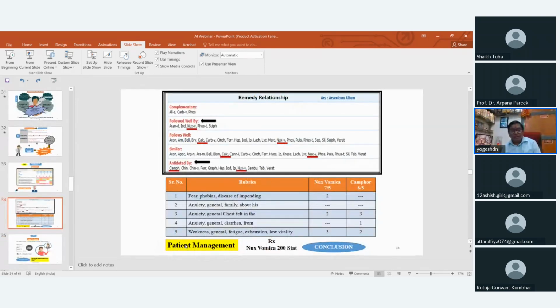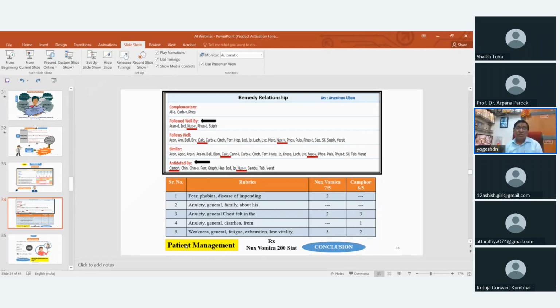Okay, and we know the relationship between Arsal, Calcarea, and the other remedies that are mentioned in terms of Phosphorus. So again I am fascinated to go through the remedy relationship part. Again we are able to find out, followed well by Nux Vomica, again Calcarea as the constitutional, again Arsalb follows well by Calcarea, Nux Vomica. It is similar, again Calcarea, Nux Vomica are similar.